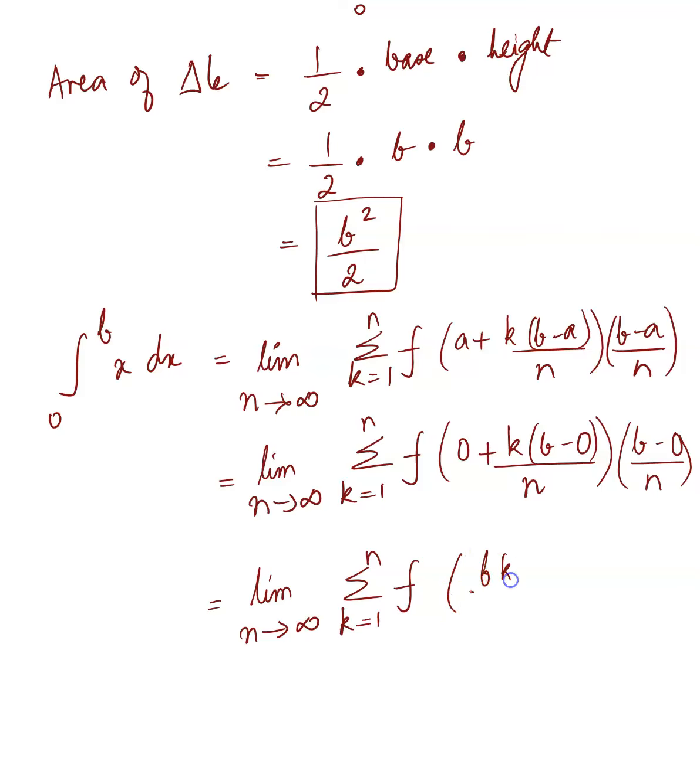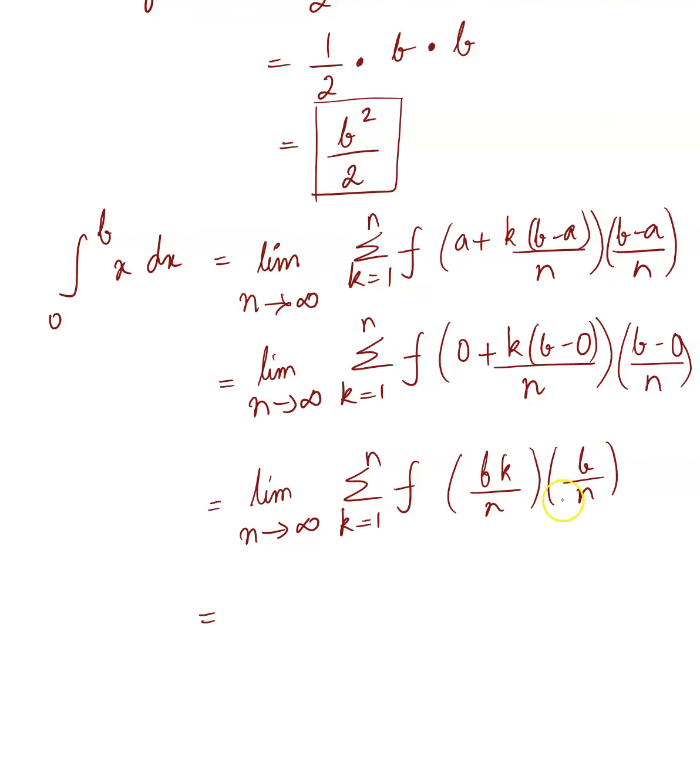Now, before we plug in the function, we want to remove anything that does not involve k. We could do that, but we can wait, I think, for the next step. Meaning I was hoping to move the b over n, but not yet. Okay, k is 1 to n.